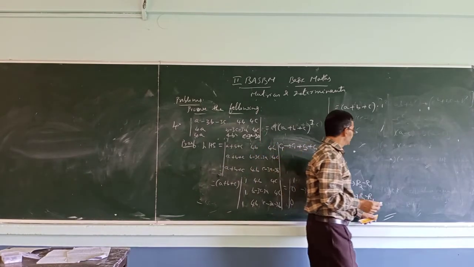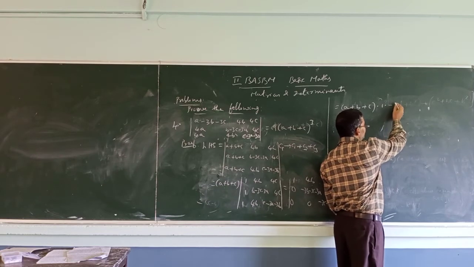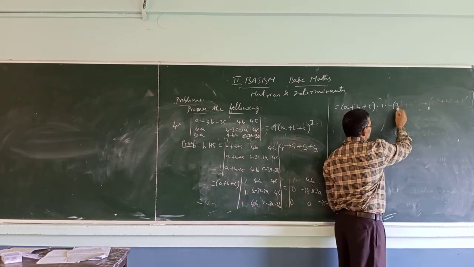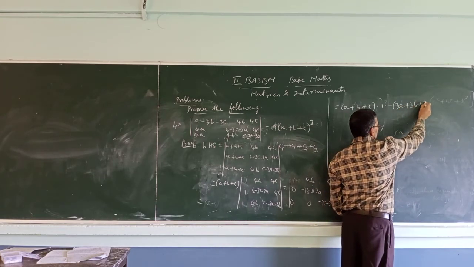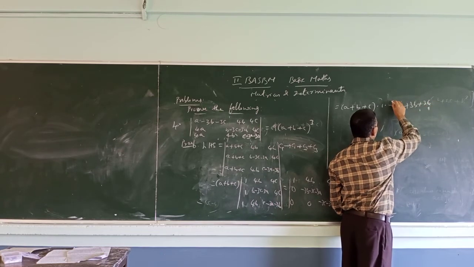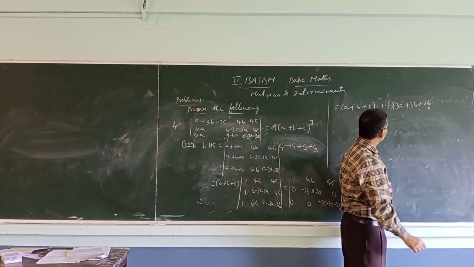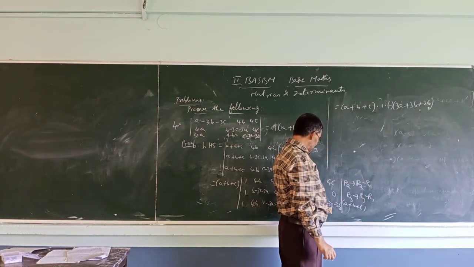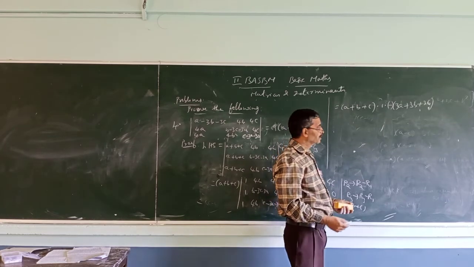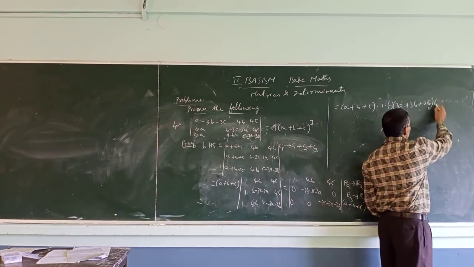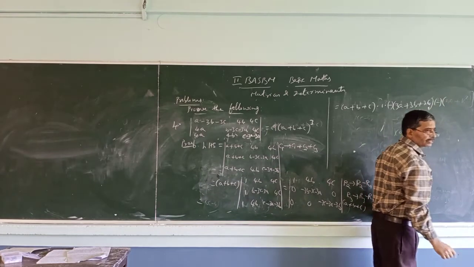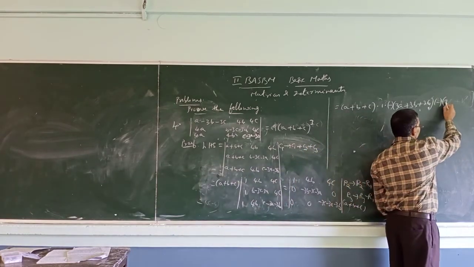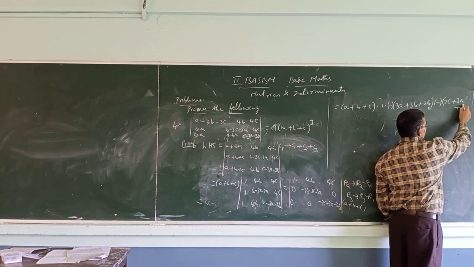I can take the minus sign outside. 1 into minus of 3A, 3B, 3C. Minus sign I will take outside. And one more, again the other one also has a minus sign. Minus of minus 3C, minus 3A, minus 3B. So minus I can take outside. So next remaining, you write: 3C, 3A, 3B.